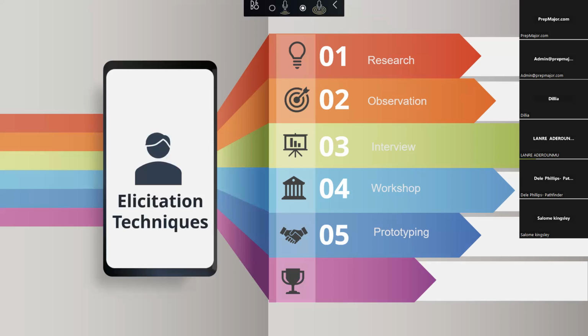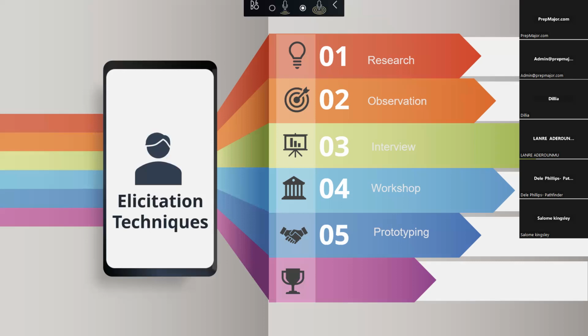You are all in a big room and you're asking questions about the project and they are giving you their responses. Prototyping is basically showing a sample of how the end product will look.